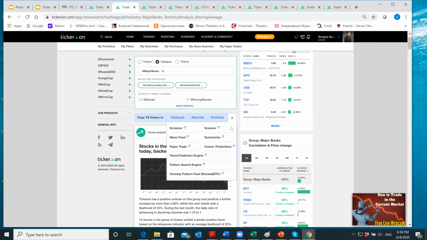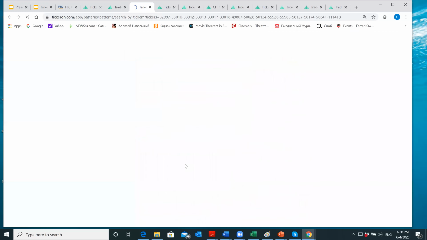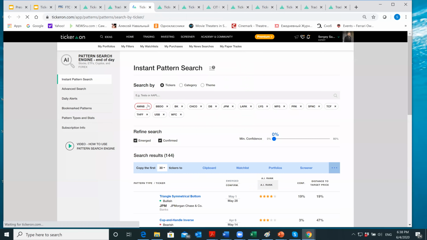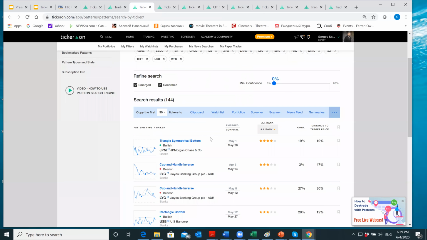But I can also look and see whether or not there are patterns. This is an interesting module for us. As you can see, it gets to the pattern search engine, and you see the same 15 tickers. Now I can see whether or not there are good patterns. Let's say JP Morgan. So let's look at this pattern.